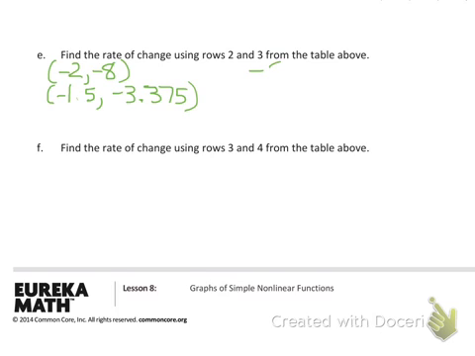All right, so we're going to find the rate of change by looking at the difference in the y coordinates. I got -8. -8 minus a -3.375, over -2 minus -1.5. Okay, so in both of these we're subtracting a negative, so we're adding the opposite.